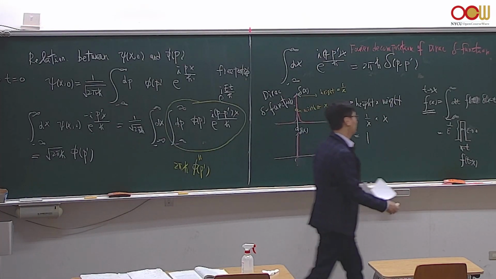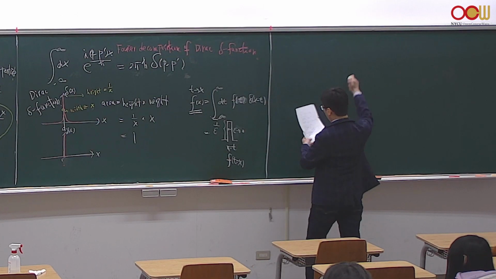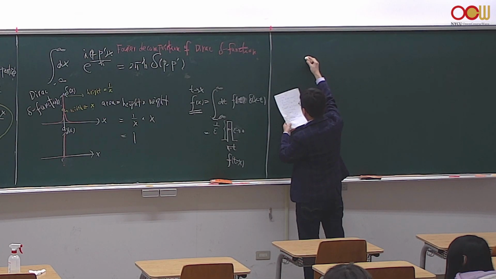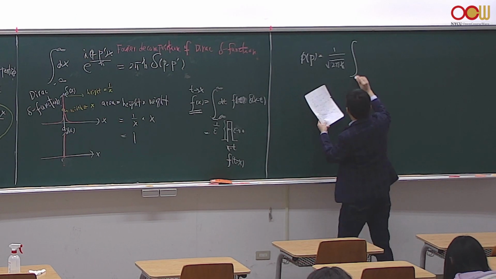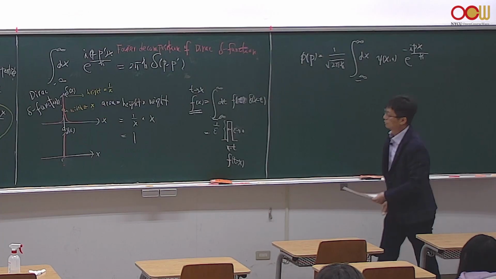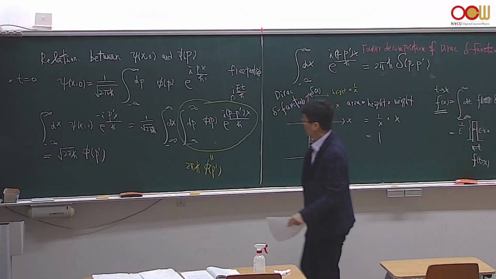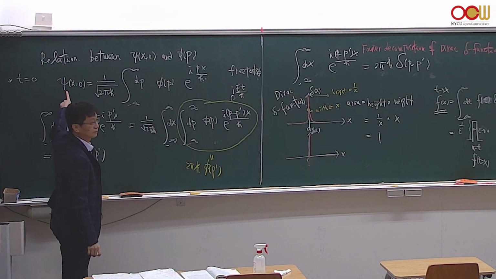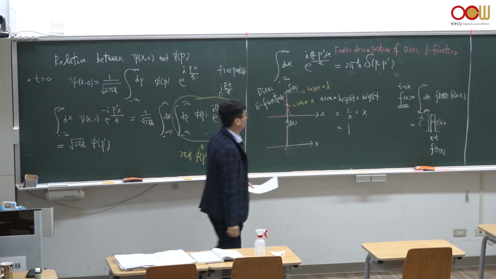So as a result, you get the relation between phi of p and psi of x. Phi of p is given by this integral, which is an inverse Fourier transformation for a real space wave function psi of x.